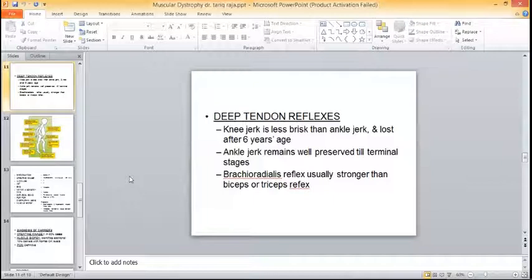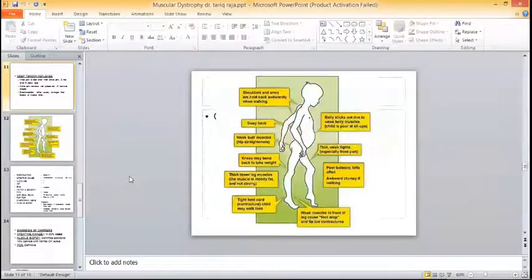The rule is simple. Similarly, the brachioradialis reflex is usually stronger than the biceps. So the proximal joint would be involved more frequently and apparently affected more as compared to the distal joint. So in the upper limbs, the brachioradialis reflex is usually stronger than the biceps, and in the lower limbs, the ankle jerk remains well preserved till terminal stages as compared to the knee reflex.